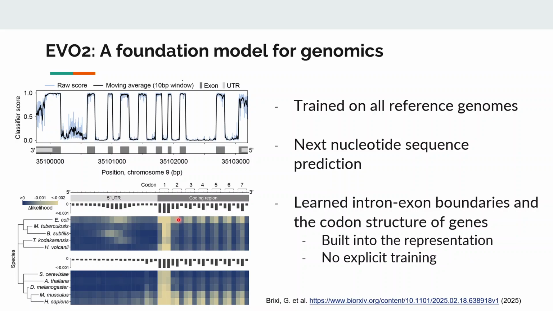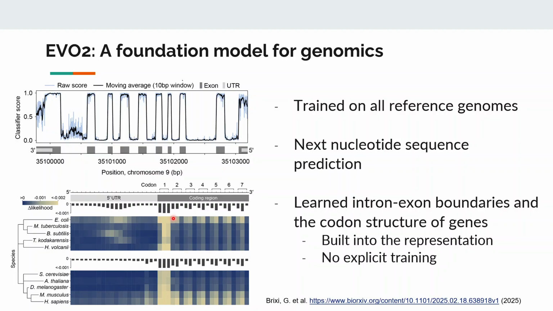But it turns out the model actually understands the period of 3 for the codons. The third position of the codon is the one where you usually don't change the amino acid, so you can mutate it and it doesn't create any effect. But the first 2 positions, if you mutate, usually you change the amino acid.